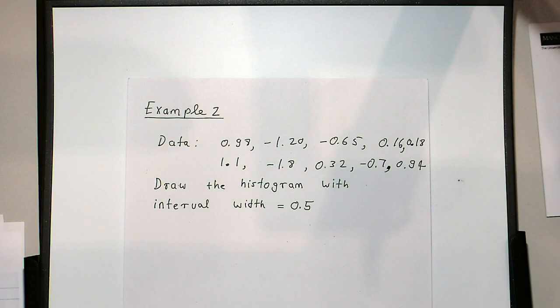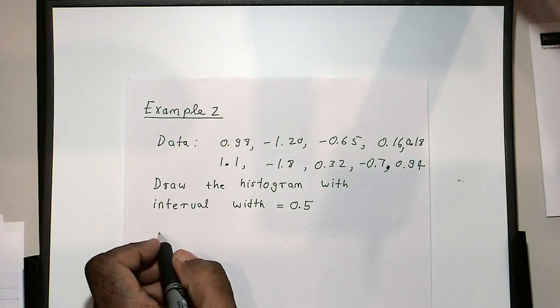Now remember, I showed you what a histogram is. Let me show you again. A histogram looks something like this, right? I mean, you can do it in R, but if you want to construct a histogram by hand, this is what you need to do, right?